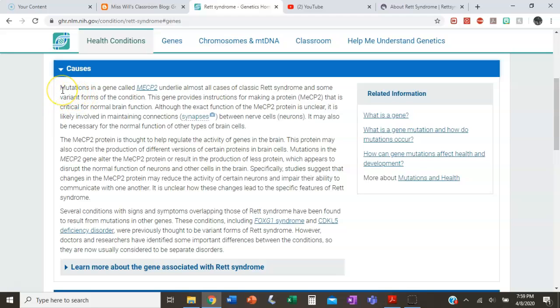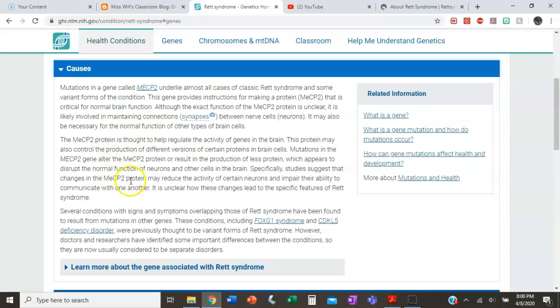We can see it's caused by mutations in a gene called MECP2. All right, that's an important piece of information. We can see what this gene does and why it's important, and why it affects people.